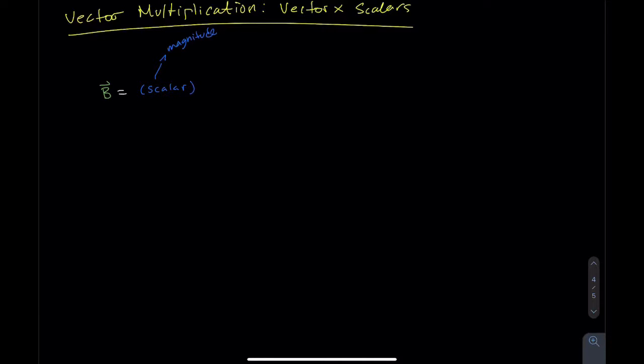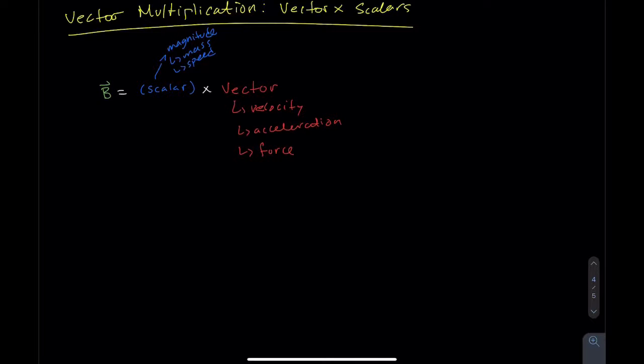For example, we can say mass is a scalar, speed is a scalar, stuff like that. Scalar times a vector. And vectors are things like velocity, acceleration. What else? We can say force is also a vector.